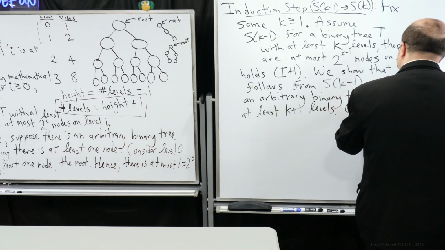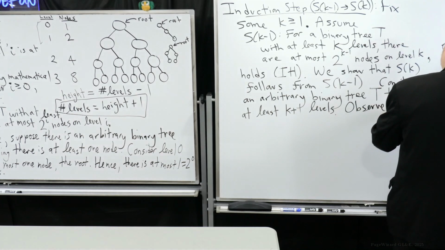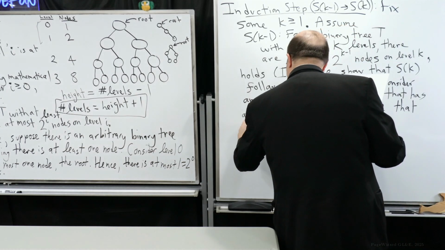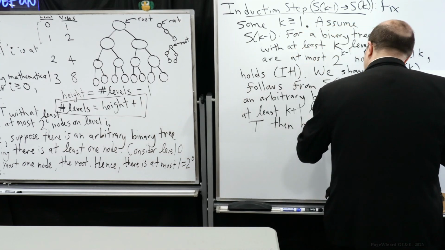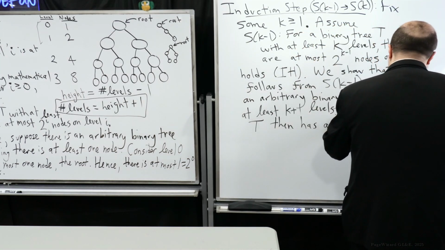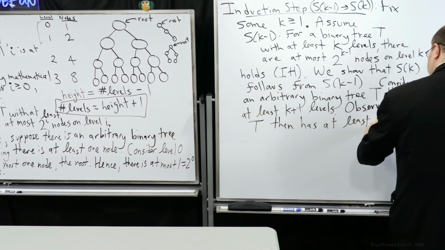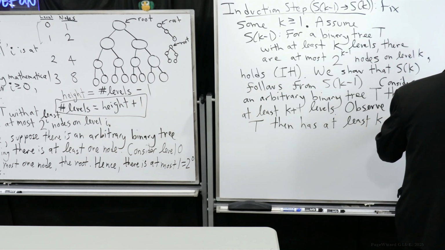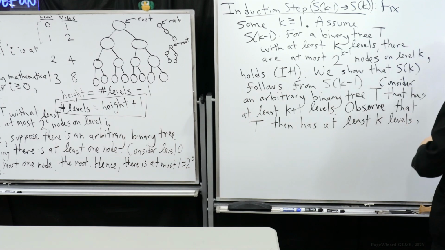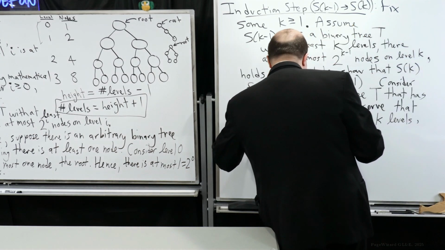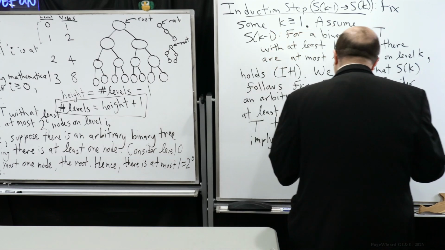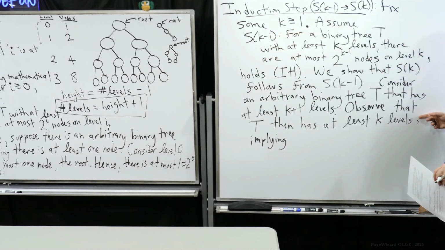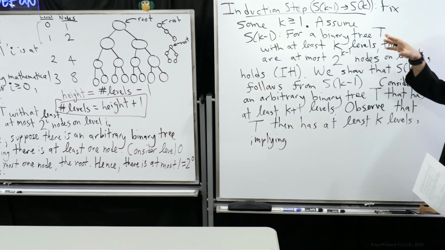So observe that T then has at least k levels. Implying, so I'm not actually looking at level k, I'm looking one up, kind of like the idea we had over there.